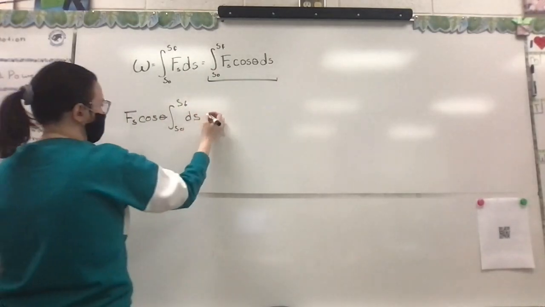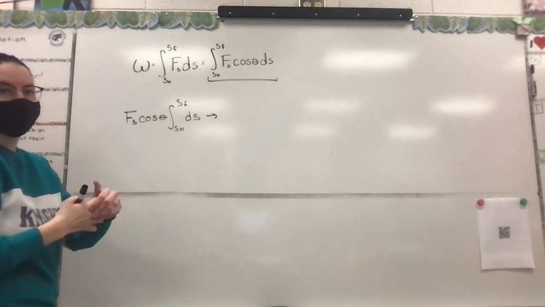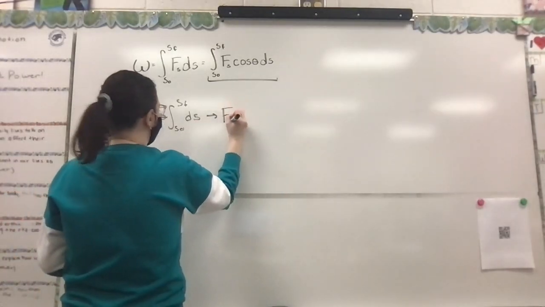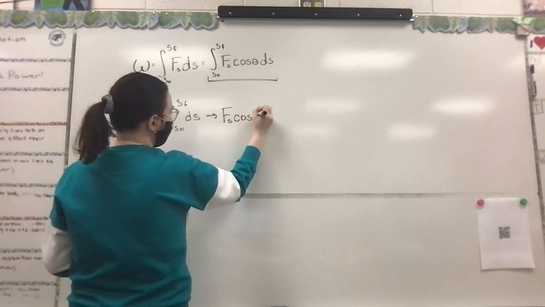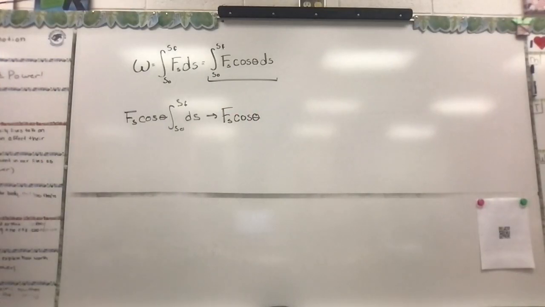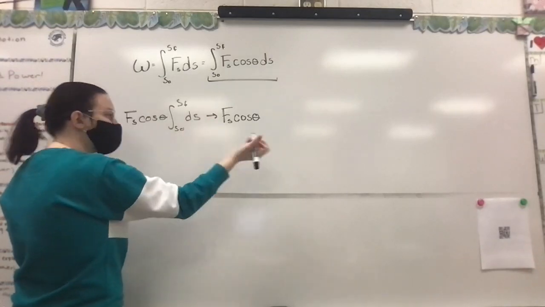So what does the ds become? You guys remember what it turned into? We talked about it yesterday. We said every time you have something like this, it goes to just s.